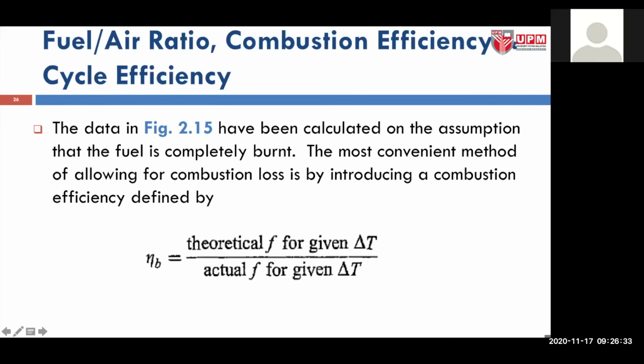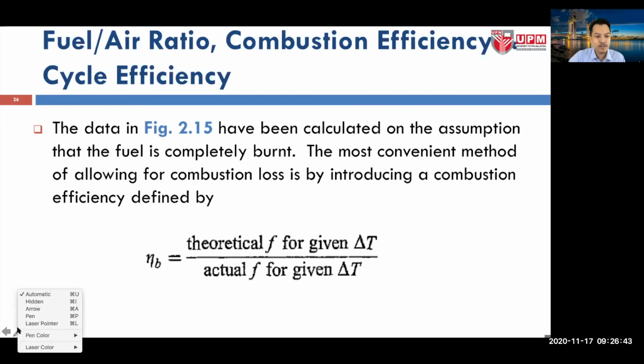Now we look into the data in Figure 2.15, which have been calculated on the assumption that the fuel is completely burned. So this is one of the assumptions that we are going to make.